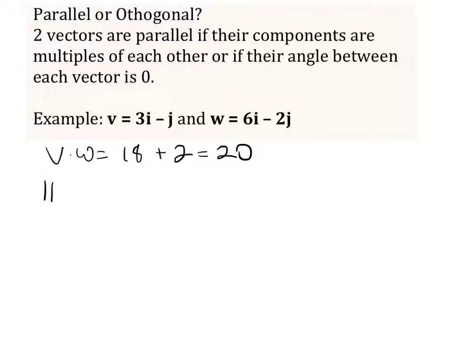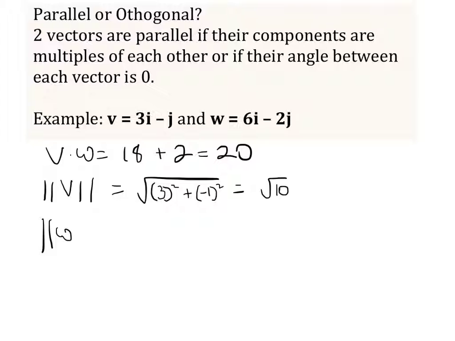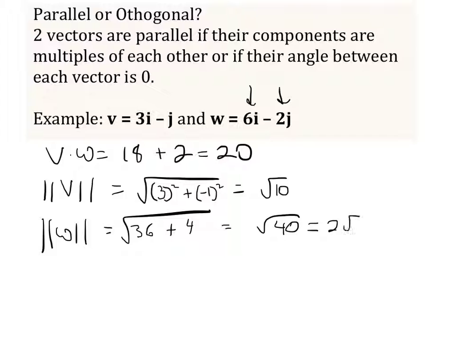And then the magnitude of V is going to equal the square root of 3 squared plus negative 1 squared, which equals 9 plus 1, which equals root 10. And then the magnitude of W equals the square root of 36. Excuse me, that's 6 squared from up here, plus 4. That was the negative 2 squared. So you get root 40, which equals 2 root 10.